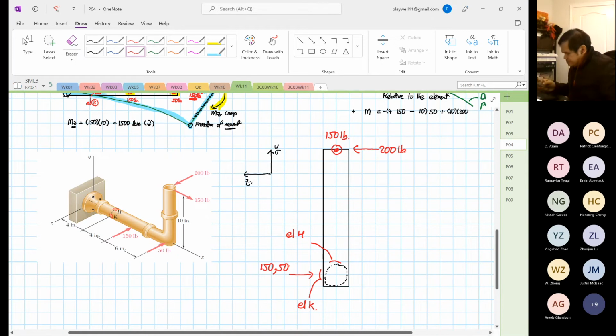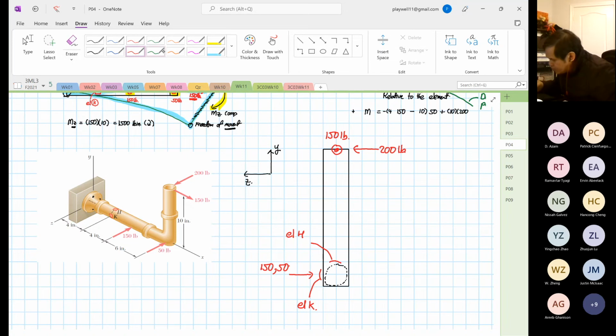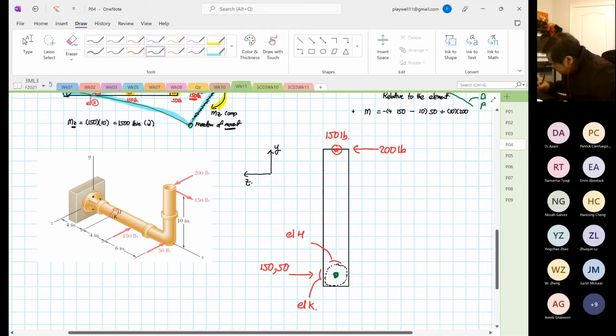Okay. So now again, I'm going to draw our neutral axis. Now our neutral axis is a dot. Okay. So this is our neutral axis. Okay.